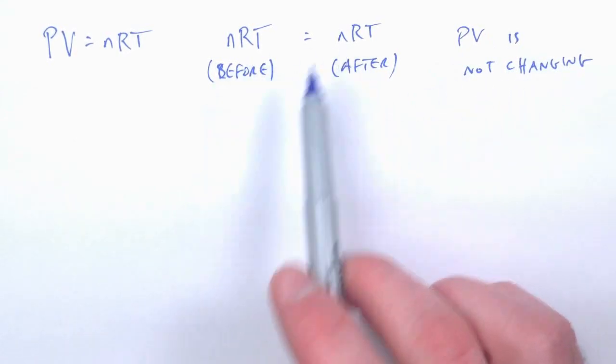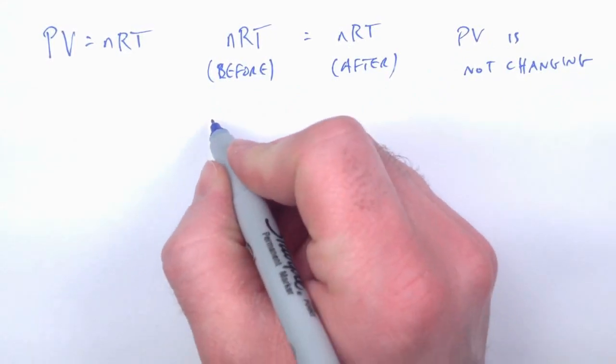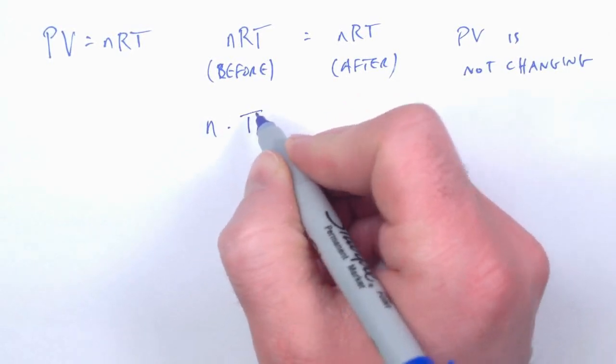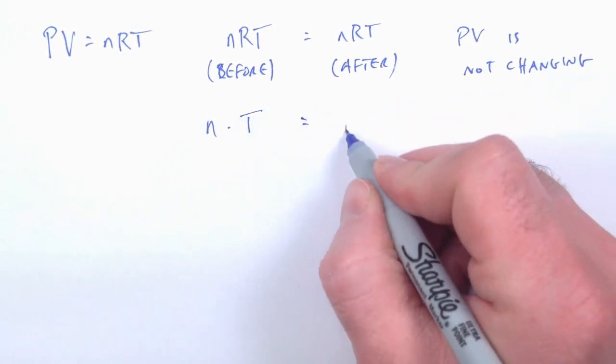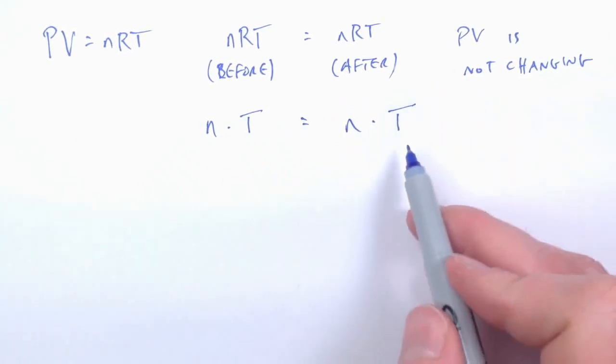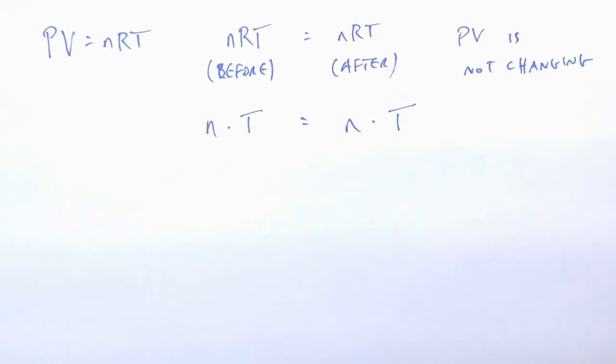So we've got R on both sides, so we can just cancel that out. And basically, all we've got is the number of moles before times the temperature before equals the number of moles after times the temperature after. This is the only thing we don't know. So we know how many moles were in it before. It's that large number, which I've covered up. Here we go.